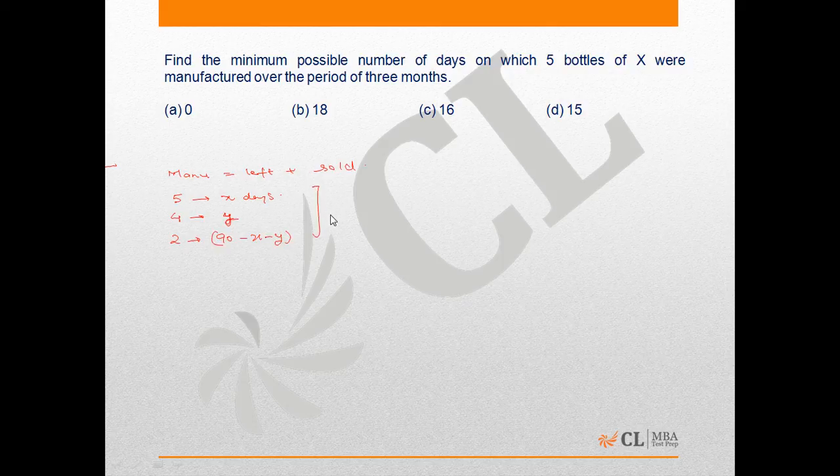We are taking the data for all 3 months, so in 3 months there will be in total 90 days. So the total bottles which were manufactured will be this total.